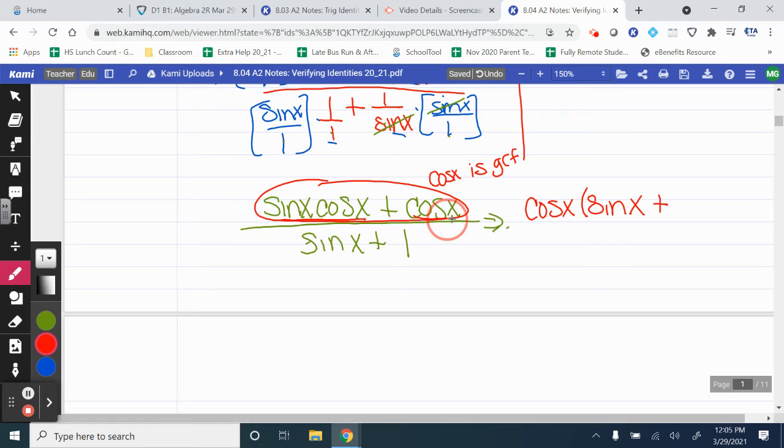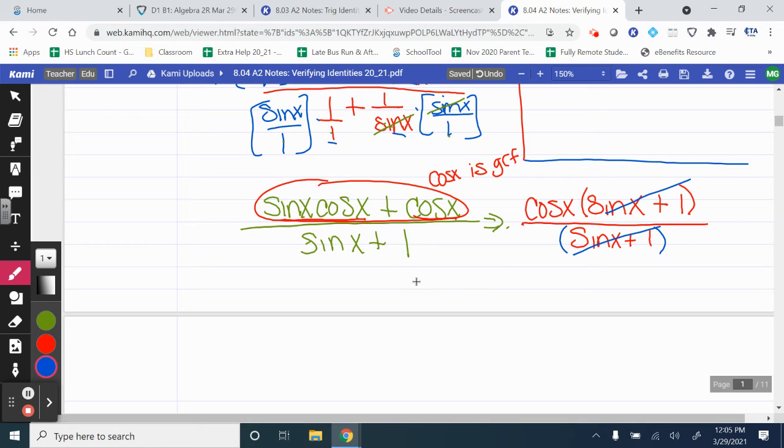And cosine of x divided by cosine of x would leave me with 1, over sine x plus 1. Ooh, now this is looking good. Now I've got sine x plus 1 on the top and sine x plus 1 on the bottom, leaving me with just cosine of x. And on the other side of the equation, we had cosine of x. So now I got the left-hand side to equal the right-hand side. So those are equal to each other.